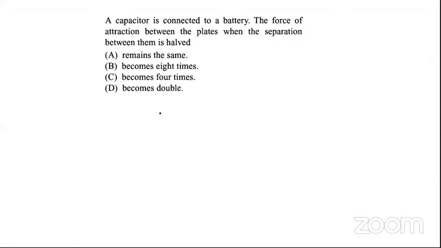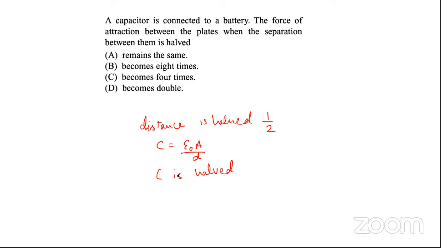See, what's happening over here is the distance is being halved. So if distance is halved, that is 1 by 2, then we know that C equals epsilon naught A by D. So C will become, I'm sorry, C will become doubled.